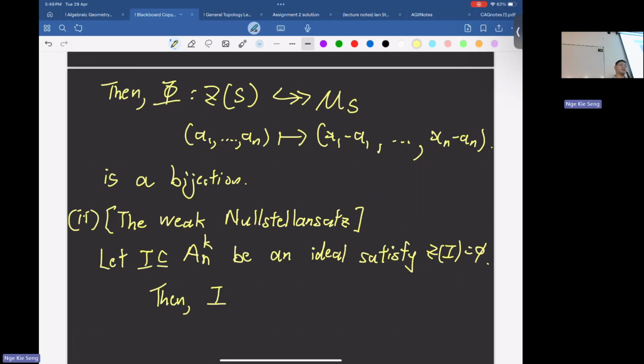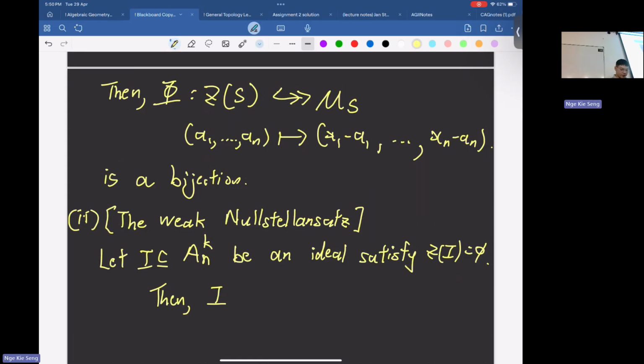Or let me ask you another question. Last time we said Z of what is empty? Z of A^n, right? Everything. But now the question is, apart from A^n, does any other set give you an empty zero set or not?